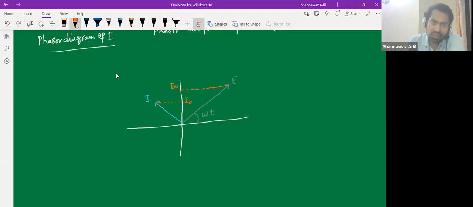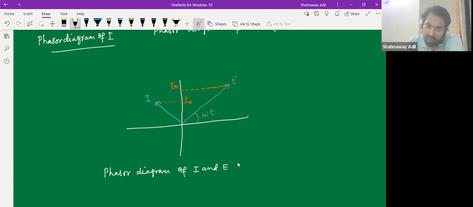This is the phasor diagram of current and EMF.